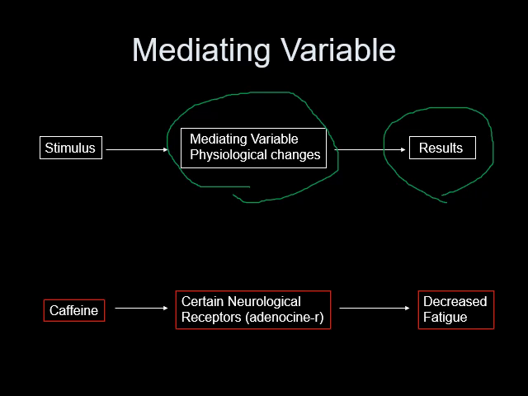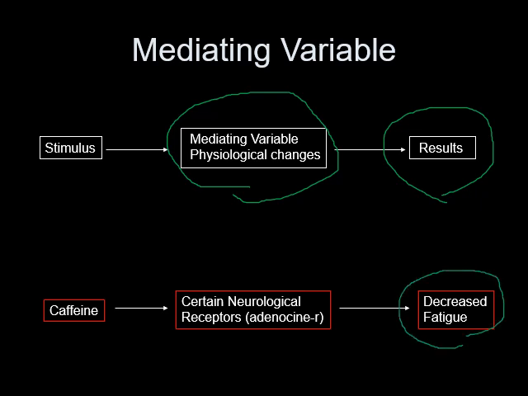For instance, caffeine. When you consume caffeine, such as by drinking coffee, it is going to inhibit something called the adenosine receptor. And when you have deactivated the adenosine receptor, this is going to cause decreased fatigue.